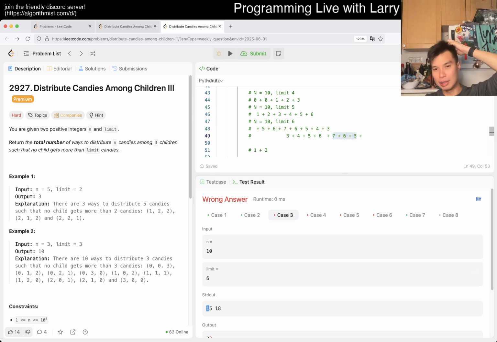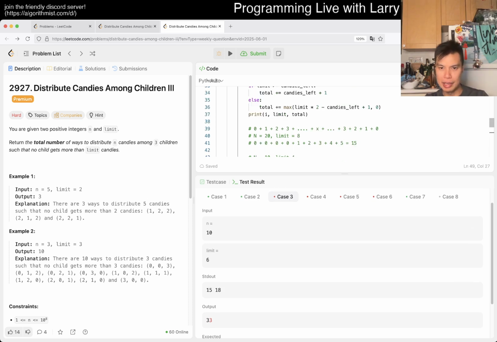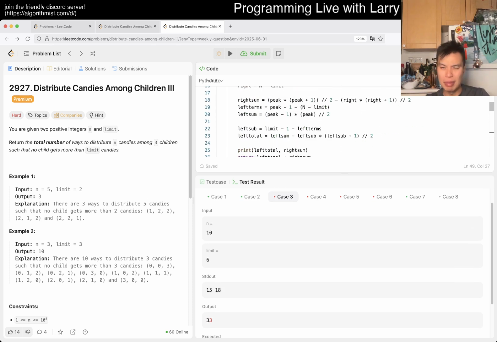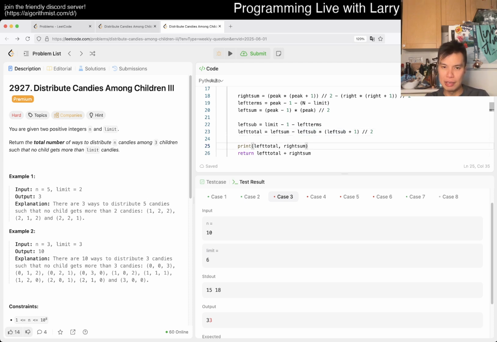I mean, I probably just did, oh no, it's 18. I just did the math wrong. 11 plus 7 is 18. And, oh no, that's right. That's 18, whoops. And then you have 6 plus 5 is 11. So this is also 18 on the left side. And there we are wrong. Right? I mean, that's okay. I think I just got maybe off by 1 on some of the maths. Right? So the left side is wrong.